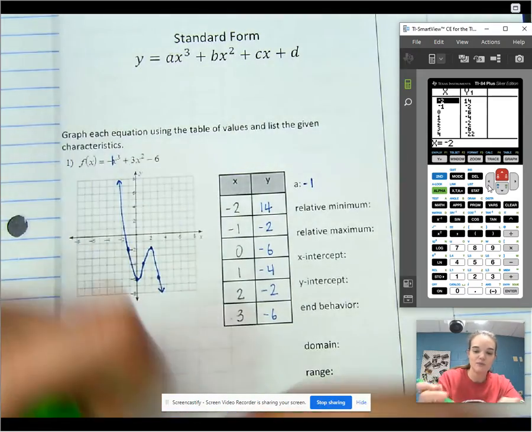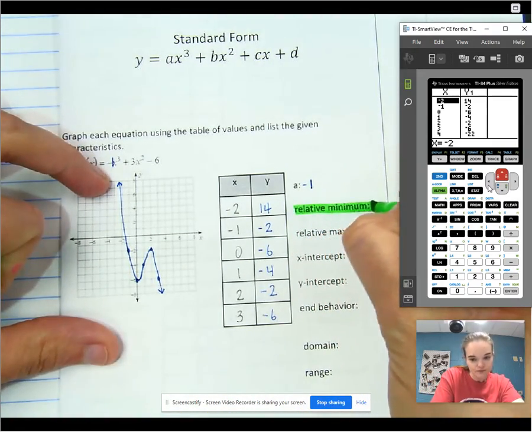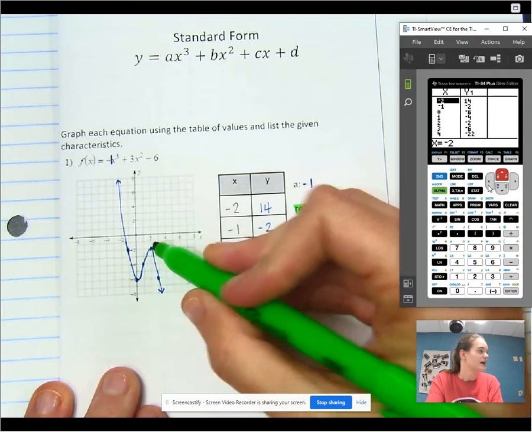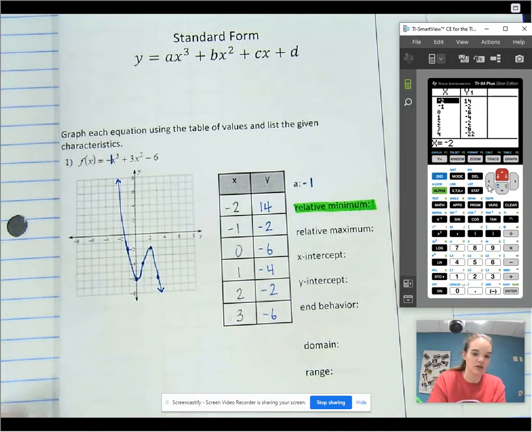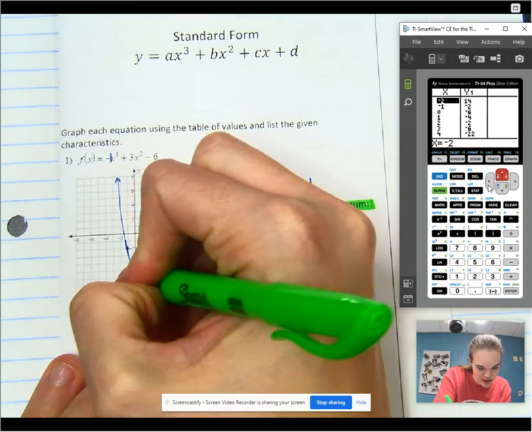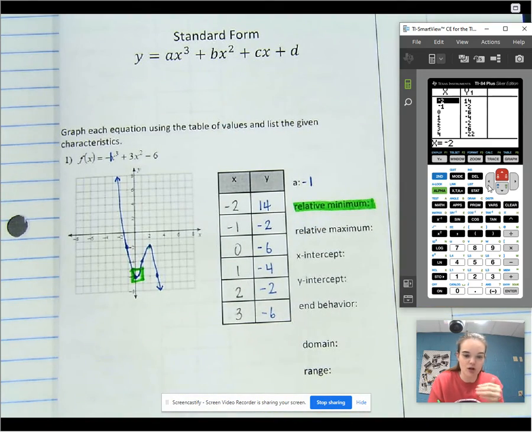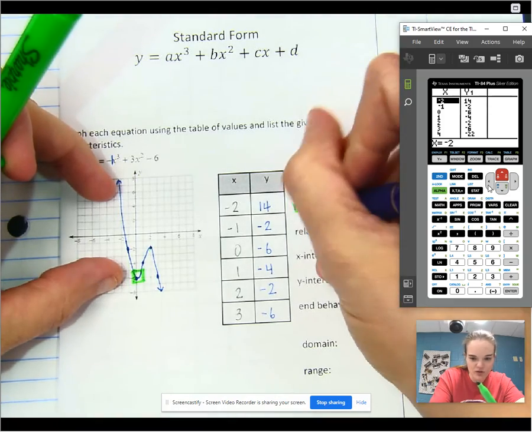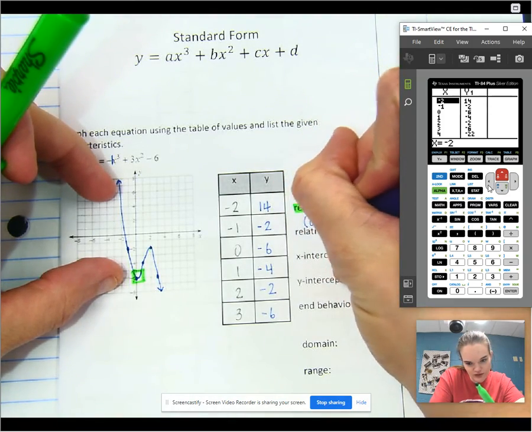The relative minimum. Remember when we had vertex and I said it could be a minimum or a maximum? It's one of the curve points. It's either this one or this one, and it's the one that's the smaller value. So the relative minimum is here because that is the smaller value. So the relative minimum is 0, -6.